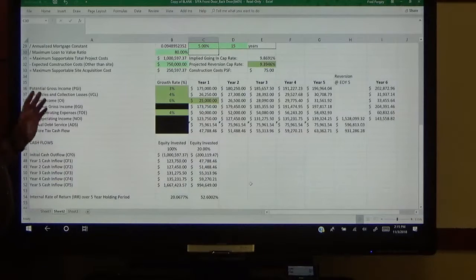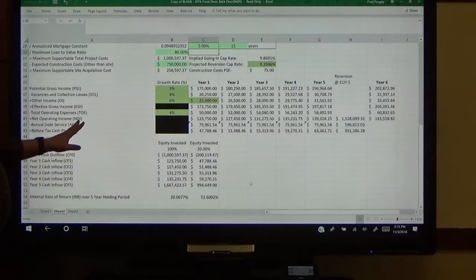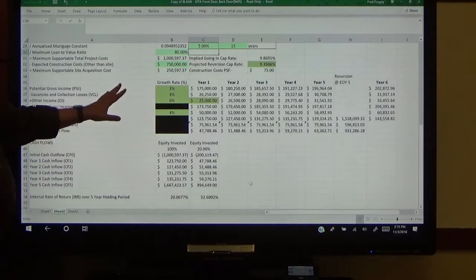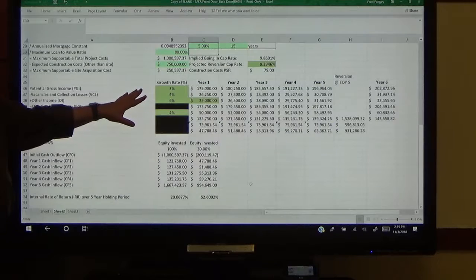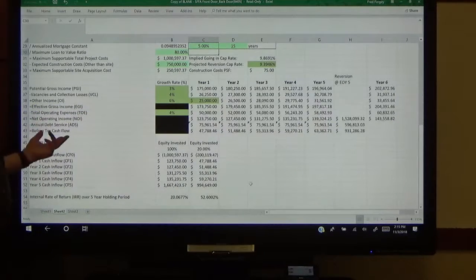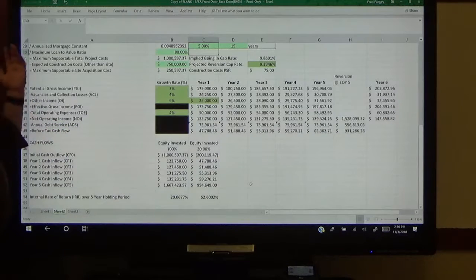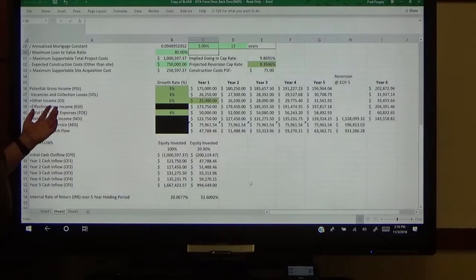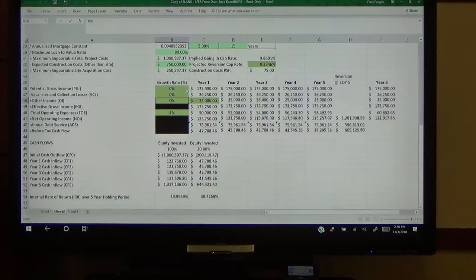We're going to talk a little bit more about the financial leverage aspect, but does everybody understand what we've done? Anybody have any issues with this? Okay, now is this everything you would ever need to do in terms of the feasibility analysis? No. But it's a good starting point for seeing what your assumptions are. The one thing we could do over here, in terms of our growth rates, is make those 0% growth rates.